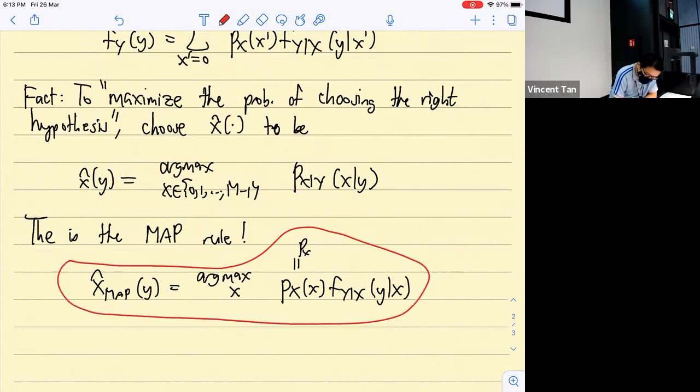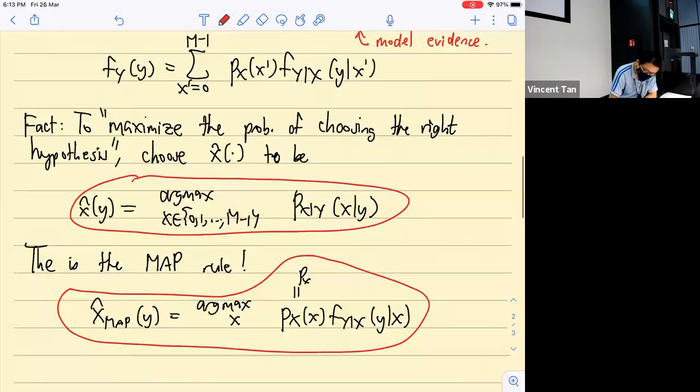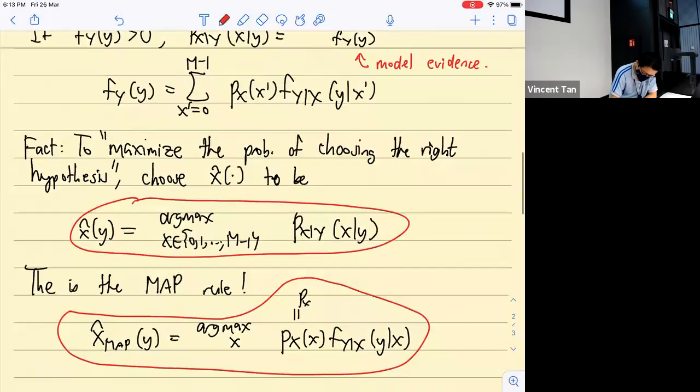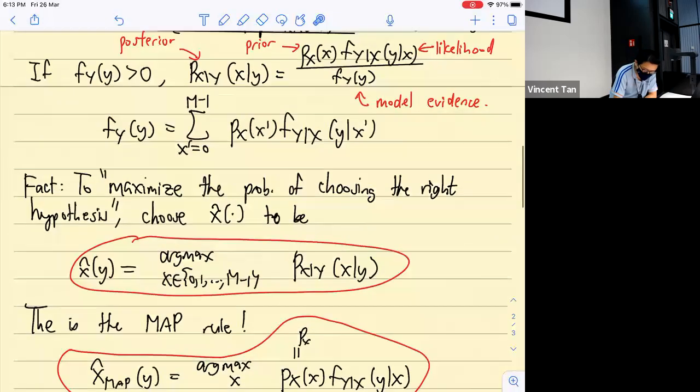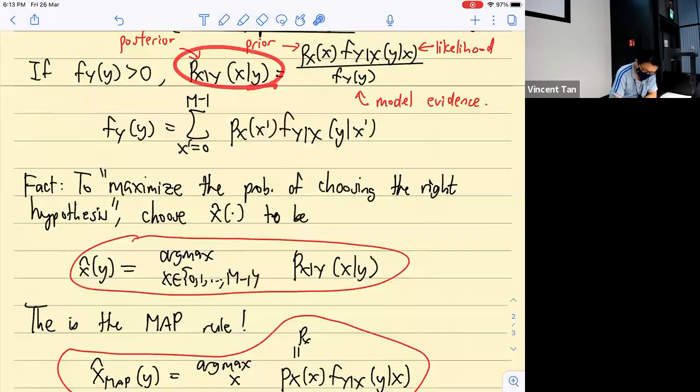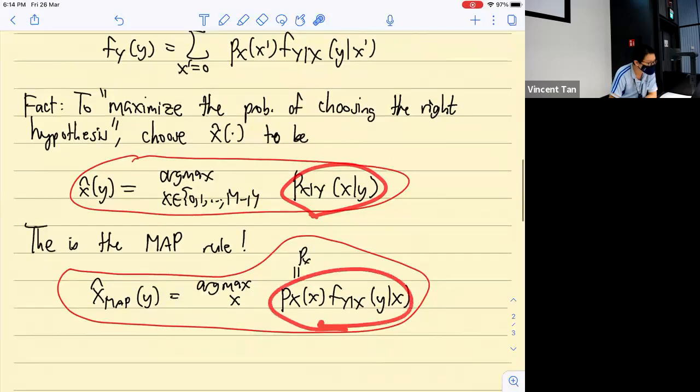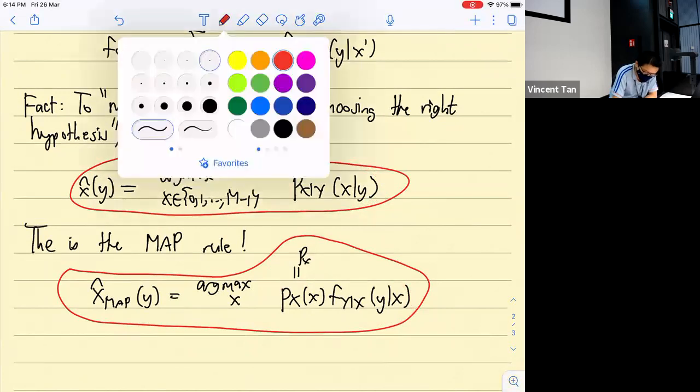Why is that so? Because here we are taking argmax over x, all right? And the bottom here has nothing to do with x, so we can just throw it away. So maximizing this guy here is the same as maximizing this guy here. This product here is this guy here. So we will work with the second expression because it is marginally easier, but everything is the same.